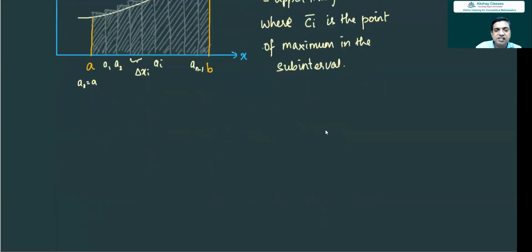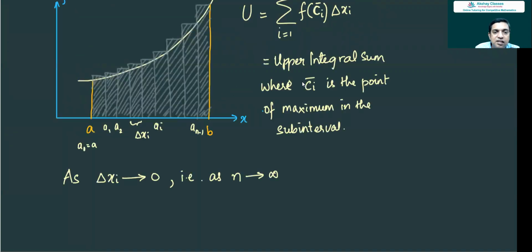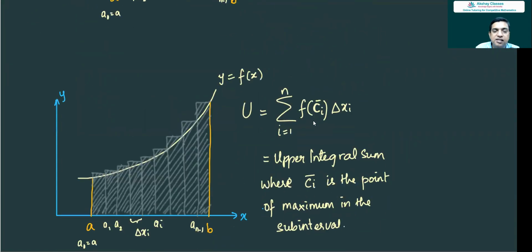Now, as delta xi tends to 0, that is, as n, the number of subintervals, tends to infinity.